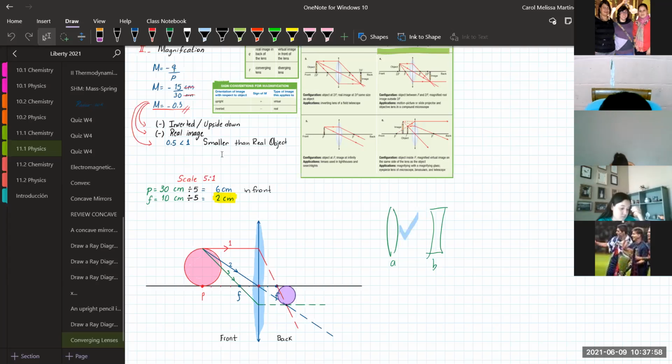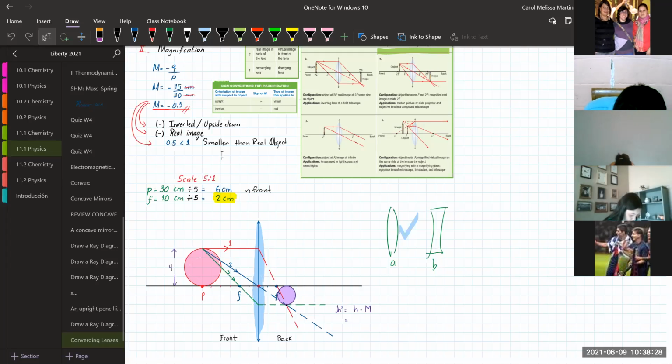So remember that I gave you a formula that says h prime equals h times the magnification. I'm not giving you the height of the object, but as you can see, for my real object I used a height of 4 squares, okay?